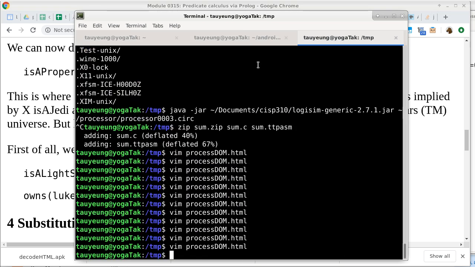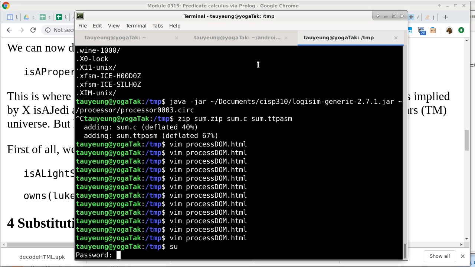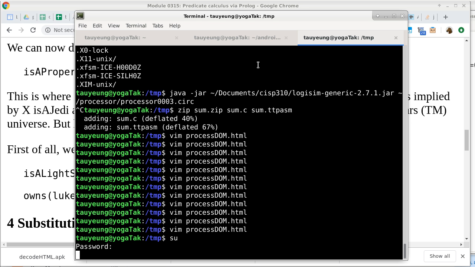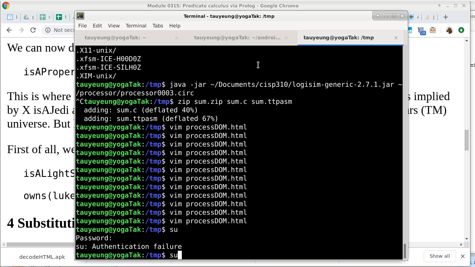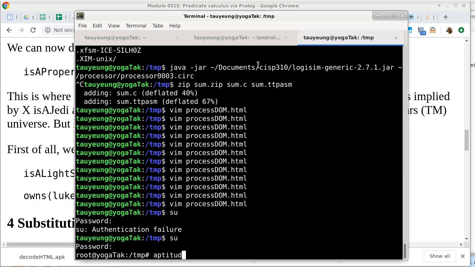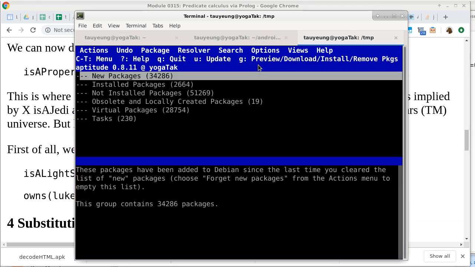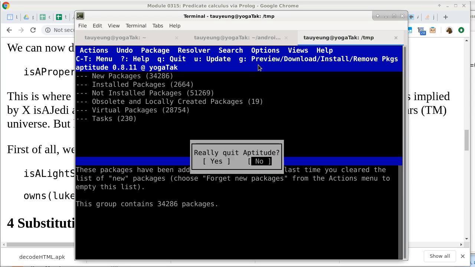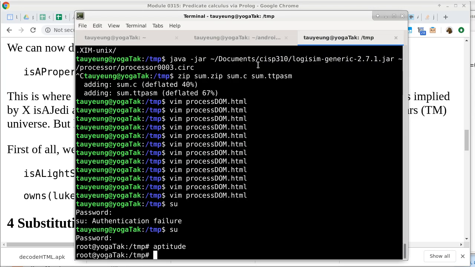All right. So the first thing we need to do in Debian, I just entered the wrong password, is to install Prolog. Okay, I got another configuration window open somewhere.